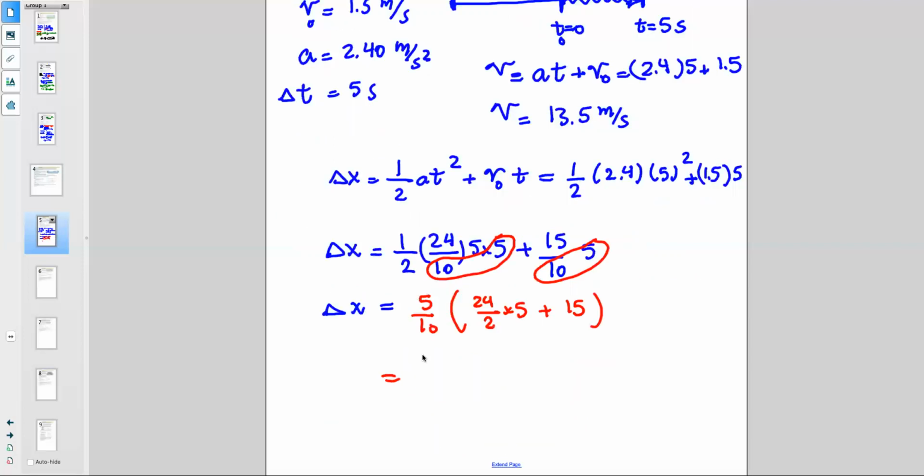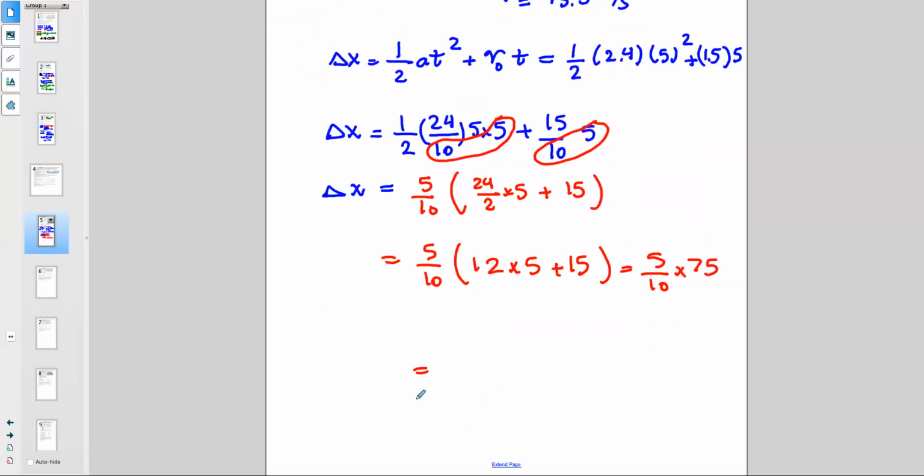So then I have 5 over 10 times, okay, 24 divided by 2 is 12. 12 times 5 plus 15. 12 times 5 is 60, right? 60 plus 15 is 75. So 5 over 10 times 75.